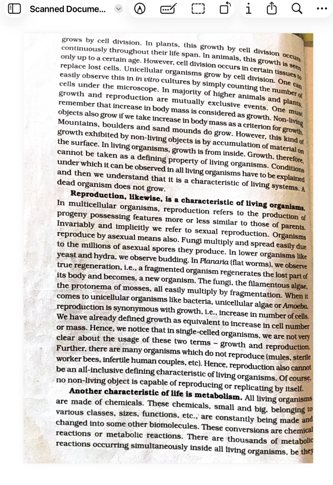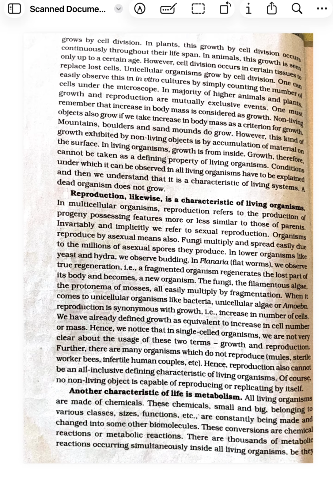Let us check reproduction. Can it be called a defining feature? Further, there are many organisms which do not reproduce. We have some exceptions here: mules, sterile worker bees, infertile human couples. Certain couples could not produce offspring. In the same way, we have some sterile worker bees in a honeybee colony, and we also have the mules.